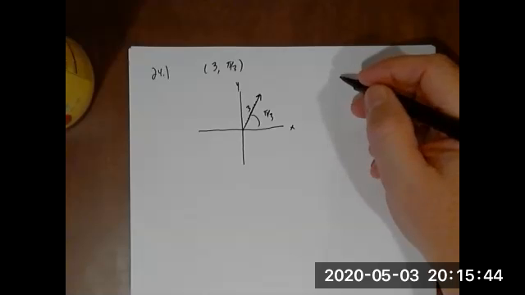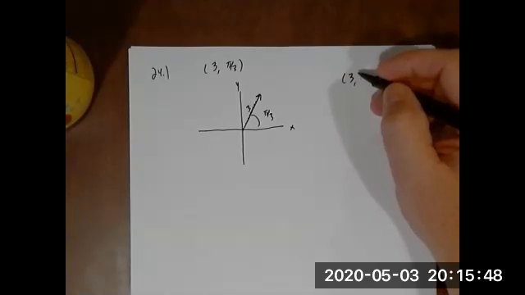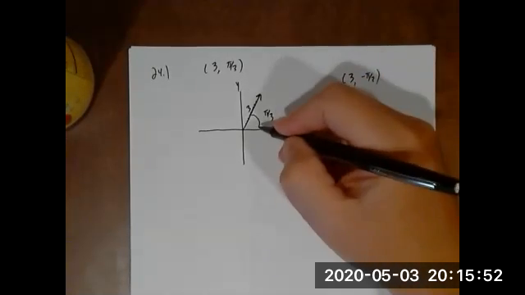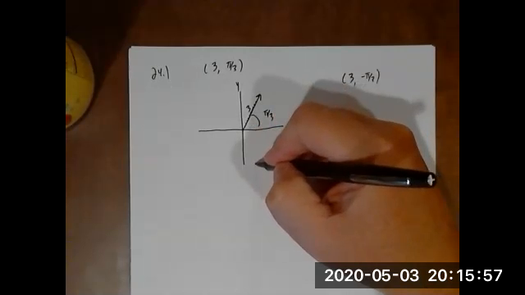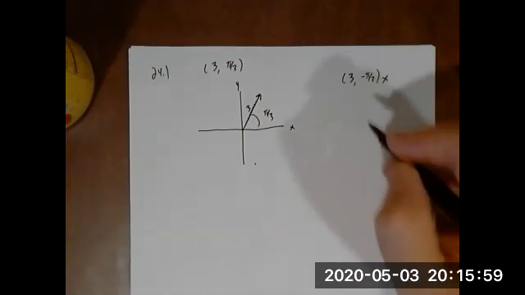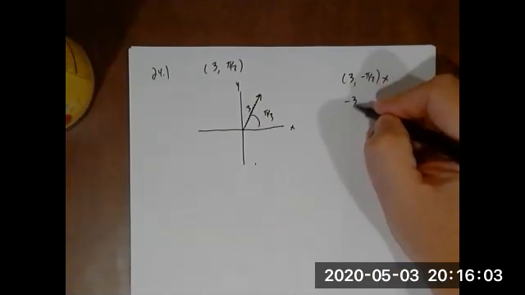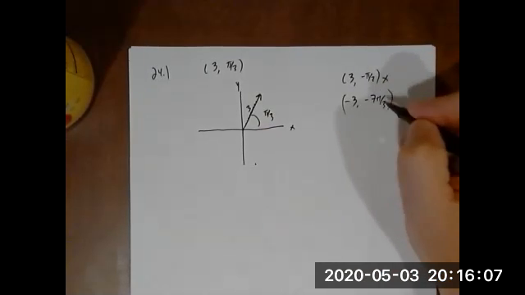So for instance, the first one they say is (3, negative pi over 3). So negative pi over 3 is down here, and 3, we're down here. Definitely not the same point. Negative 3, negative 7 pi over 3.